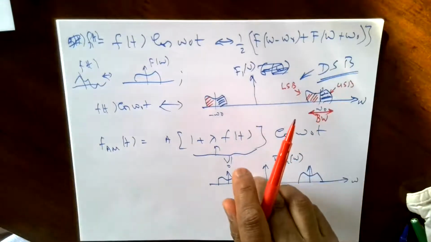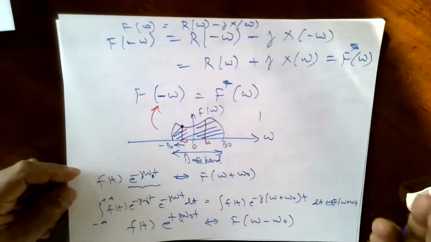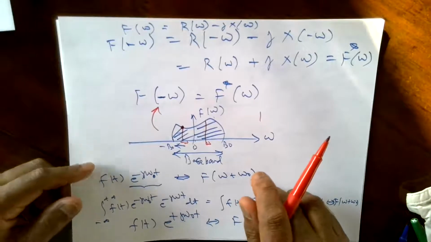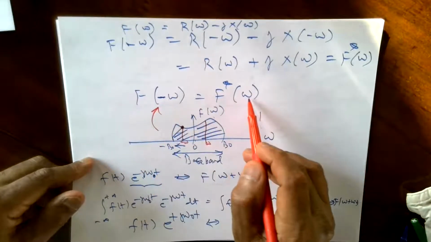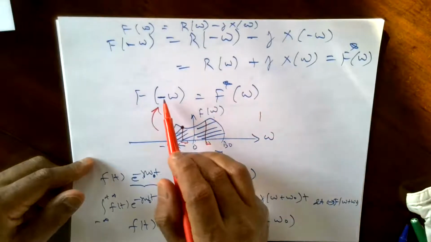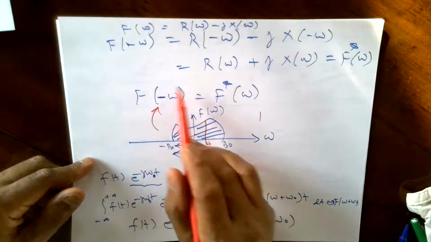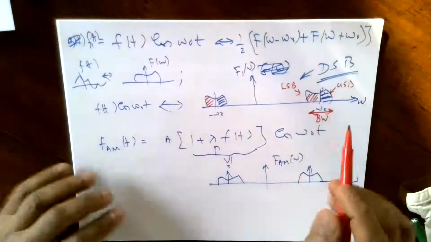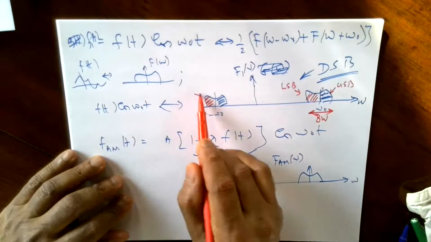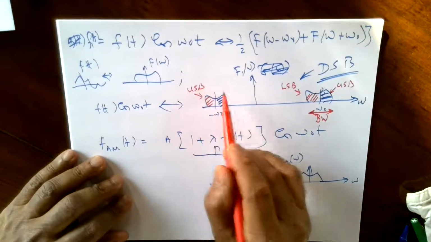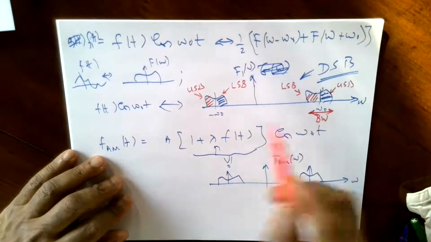But if ultimately you want to keep a real signal, then you have to worry about this relation, which means that if you have something at a positive frequency, its negative frequency value is inevitable. You cannot make this zero. So you can only have two schemes: you can keep the upper sideband, or you can keep the lower sideband. But you don't have to keep both.